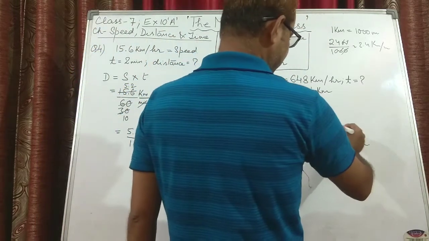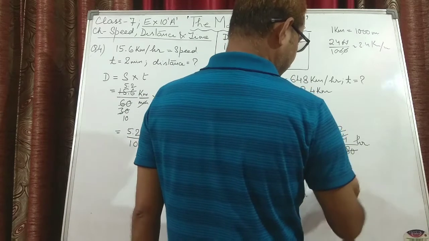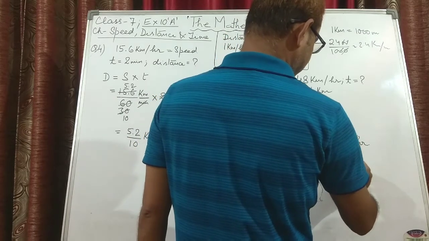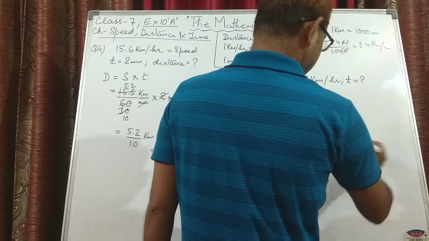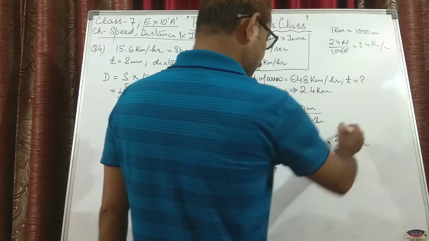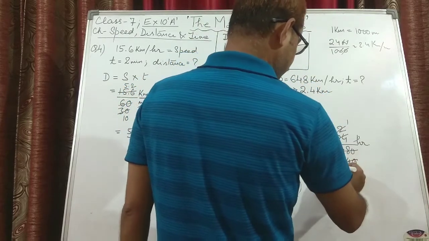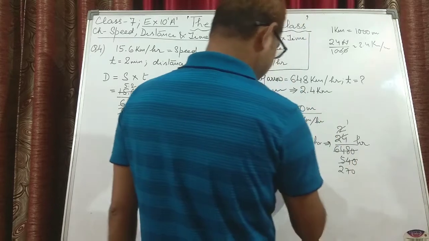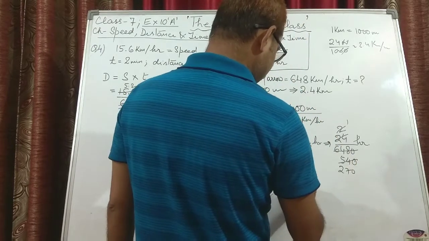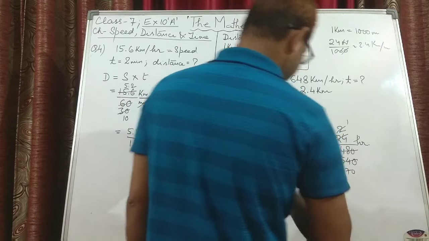We know that 12 twos are 24, 12 fives are 60, 12 fours are 48 and 0. It means 2 ones are 2, 2 twos are 4, 2 sevens are 14. 1 upon 270 hours it will take.